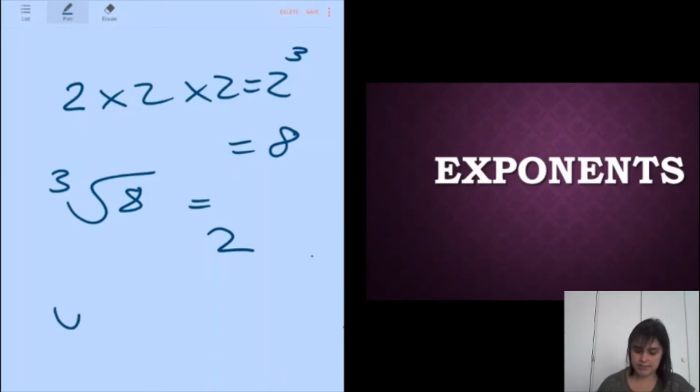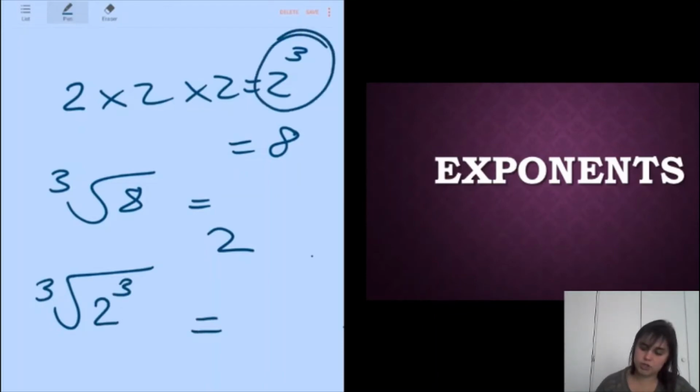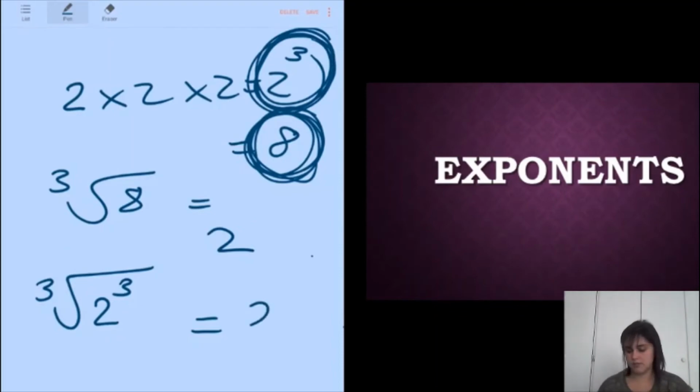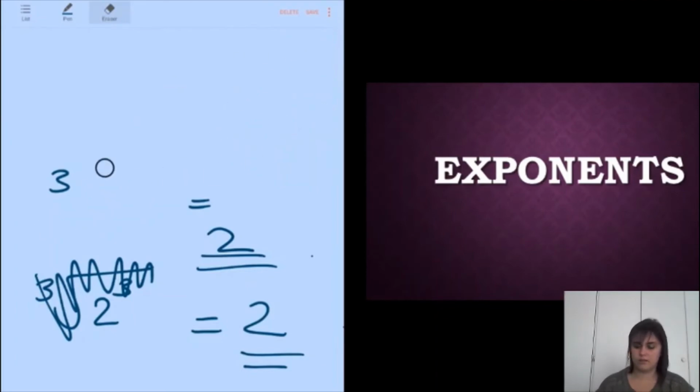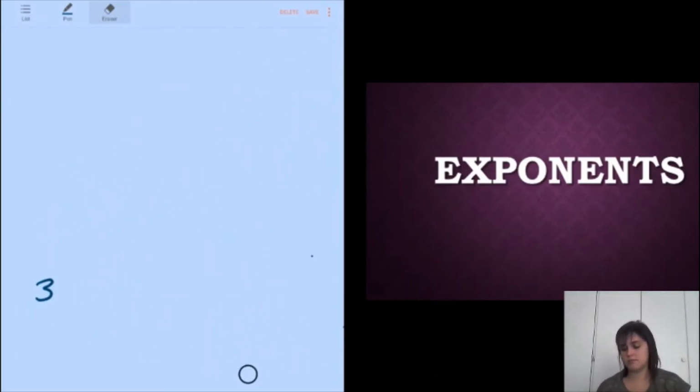So if I say the cube root of 2 cubed, and 2 cubed and 8 are exactly the same number, my answer will be 2, because they cancel each other out. Okay, that's basic square numbers and cube numbers.